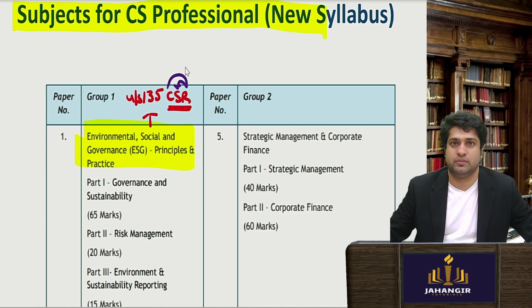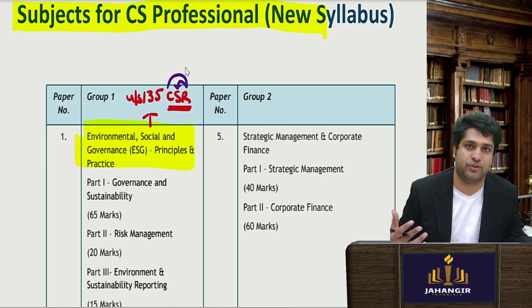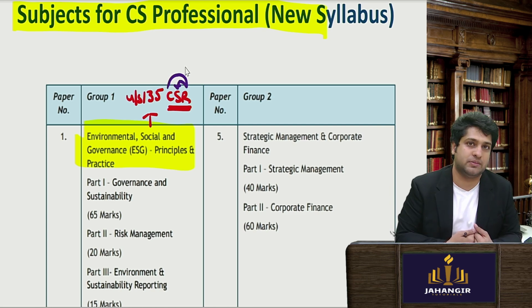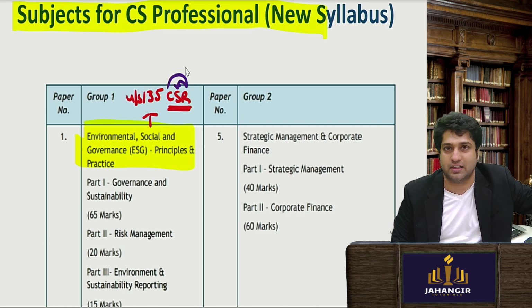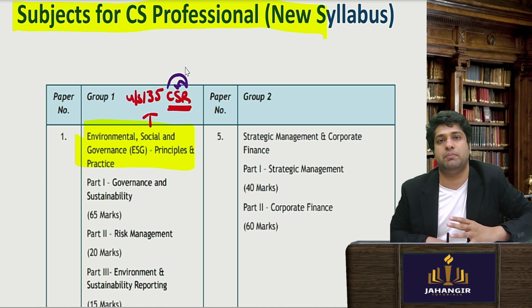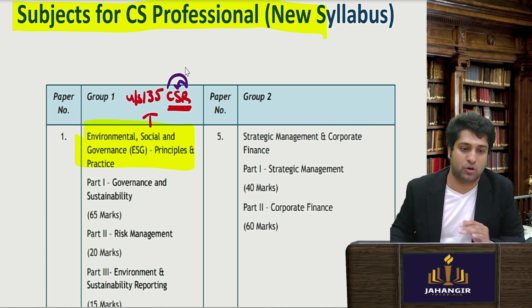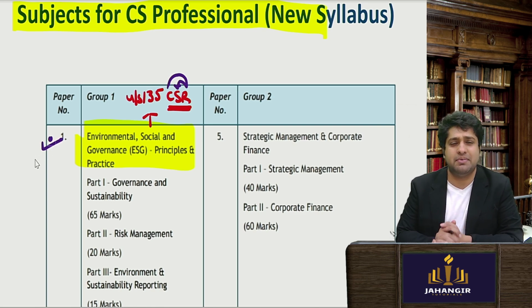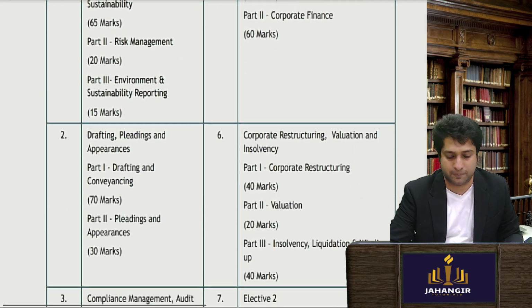Companies like Tata, Reliance, any company making a good amount of profit is required to help the society grow, the society from which they have earned so much. This is a philosophy of the entire United Nations and other countries, which has slowly become very prominent, and now in Indian corporate law also this has been given major importance. Sustainability, climate change, all of that is in your paper number 1.